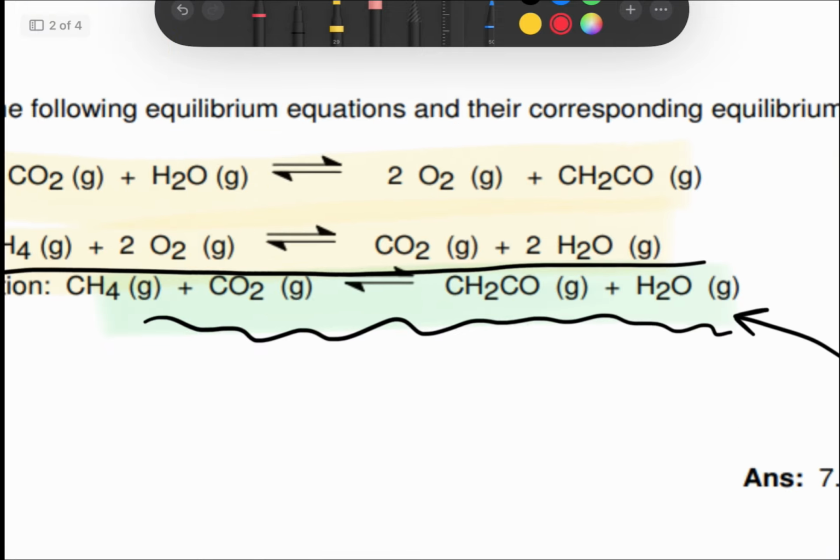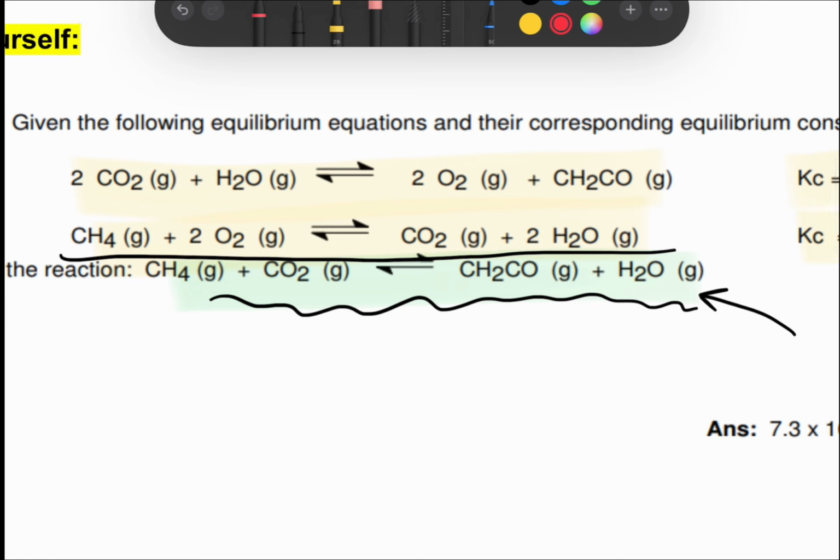So generally you can see, for example, if we add them, first of all, I can cancel the CO2 with the CO2 in here, and it becomes CO2. For the water in here, it's H2O, H2O, we can cancel the water. So one water molecule is left behind.